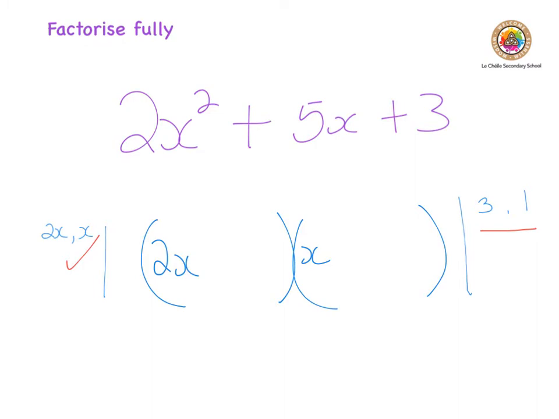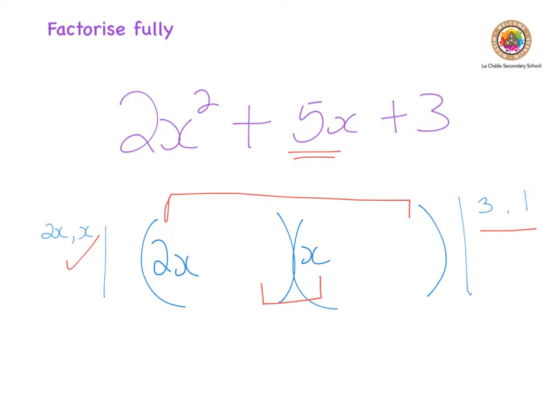Now, the only thing here is, I know that these two numbers go together and these two numbers go together. So I want to work out what numbers are going to give me this 5x. So I know I have 2x by something and I have x multiplied by something, and I want to get to 5x.